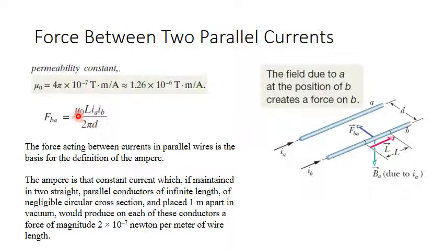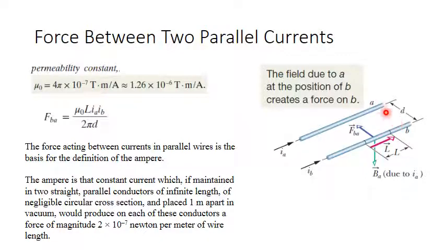Mu naught is 4 pi multiplied by 10 to the power minus 7 over 2 pi, so this is actually 2 multiplied by 10 to the power minus 7. And here, 1 multiplied by 1 over 1, so this is 1.